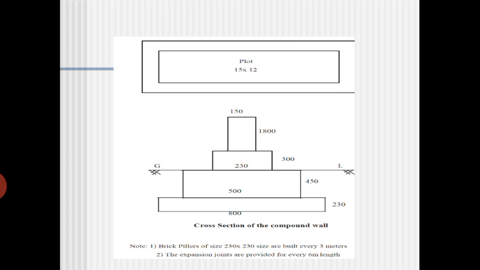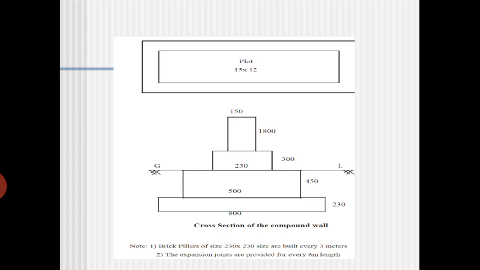CC concrete of 1 is to 4 is to 8, and below that is a thickness of around 500. Then you have 800 thickness. So it is also the cement concrete of 1 is to 4 is to 8.